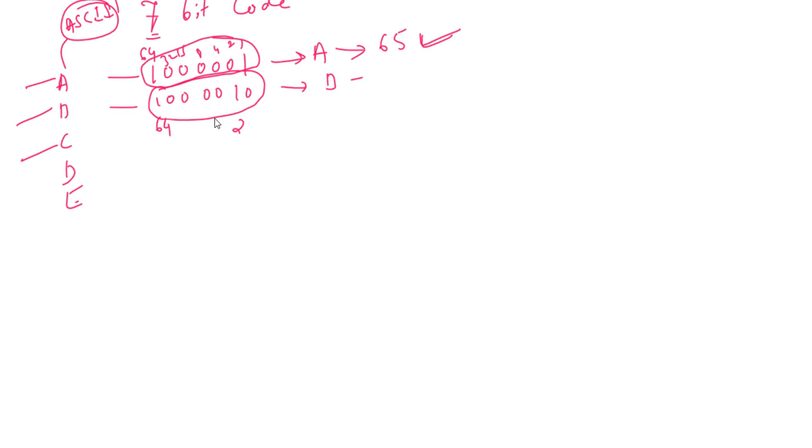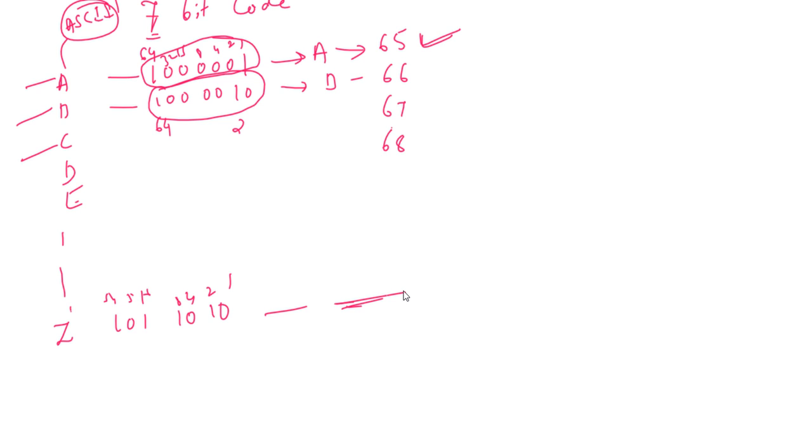C means 67, D means 68. Like that all the numbers are there up to Z. Here Z means 1 0 1 1 0 1 0, that is 1 2 4 8 16 32 64. You will get the equivalent value of Z, you write that, like that you can have.